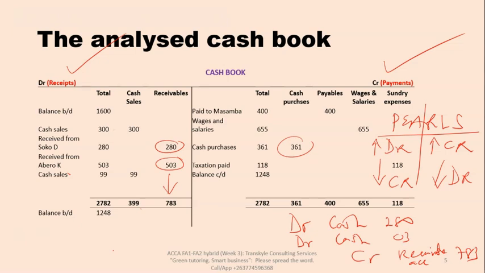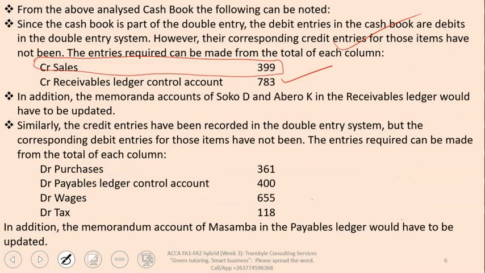But if it had been a transaction based on credit, then we were going to credit the supplier, or the payable. So in this case, for example, for Masamba, the payables was going to be credited.